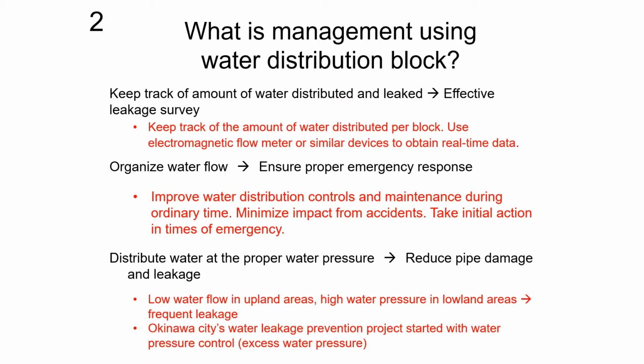By controlling pressure with pressure-reducing valves and other necessary equipment in distribution blocks at areas with high elevation, we strive to maintain water pipes and reduce water leaks. This is how we started our leak prevention activities.